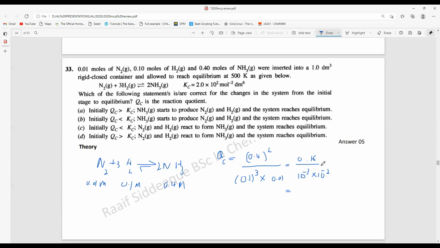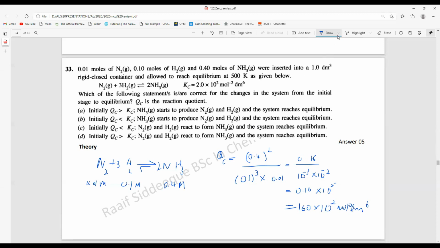If it goes up, it will be 10 to the power plus 5, so 0.16 times 10 to the power 5. I can write this as 16 into 10 to the power 3, or 160 into 10 to the power 2, with units mol minus 2 dm6.